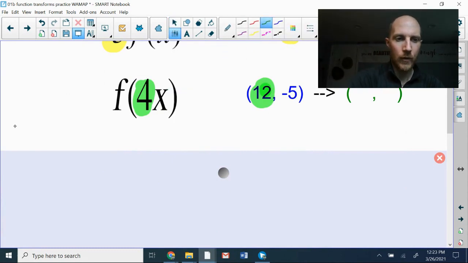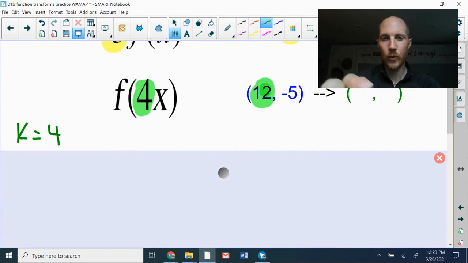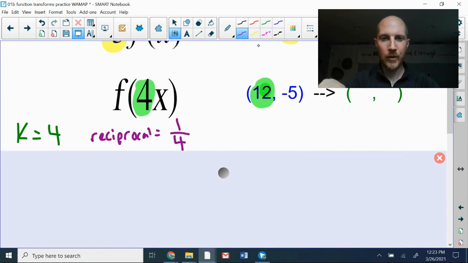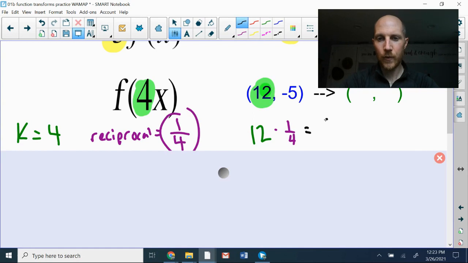Okay, so out of the function notation, the k number, that's my coefficient, that's 4. I need to get the reciprocal. The reciprocal of 4 is 1/4. Now I'm going to take that original x coordinate of 12, multiply it by this reciprocal, the reciprocal of the k value, and 12 times 1/4 is 12/4, or 3.